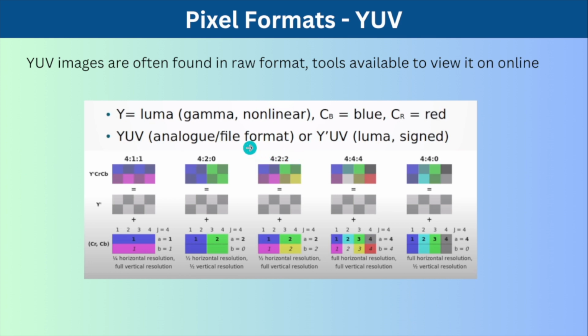Okay. Now we have one more format called YUV 420. Here 4 stands for the brightness of all the pixels, so there is no brightness reduction. Each pixel has its own brightness. But in the U plane, these two pixels use one color value and these two pixels use the other.